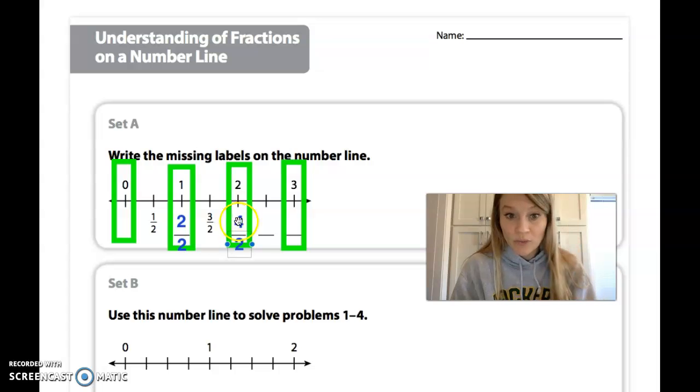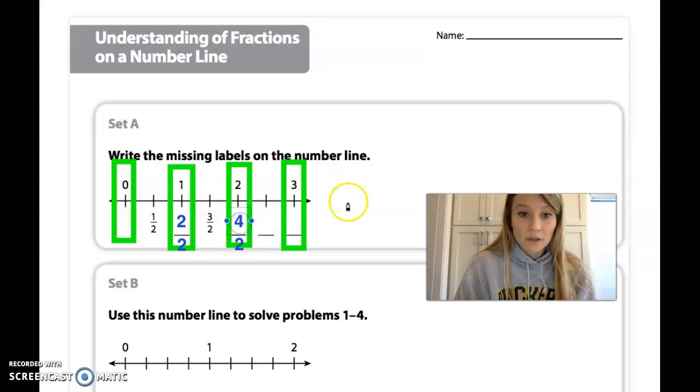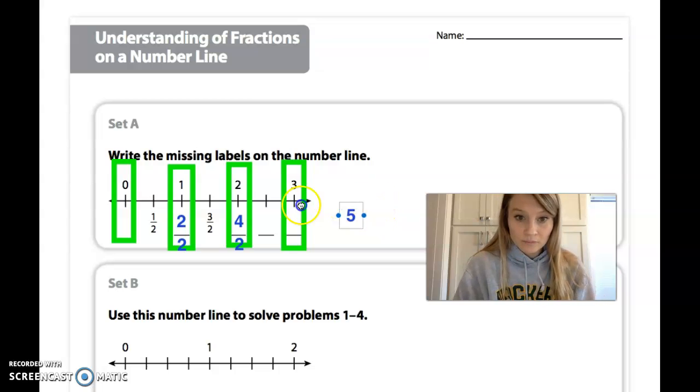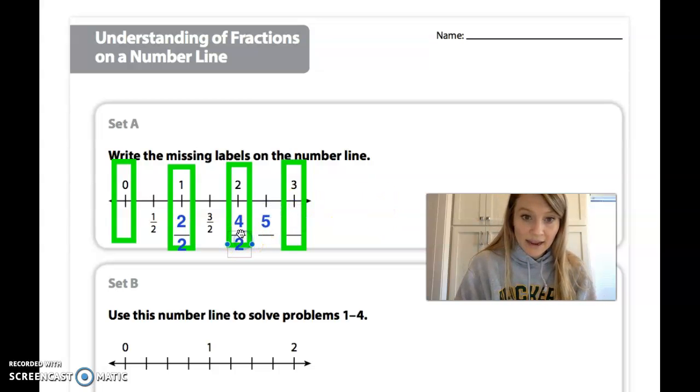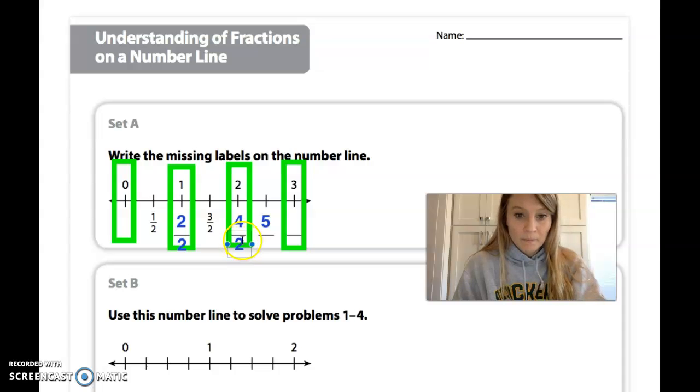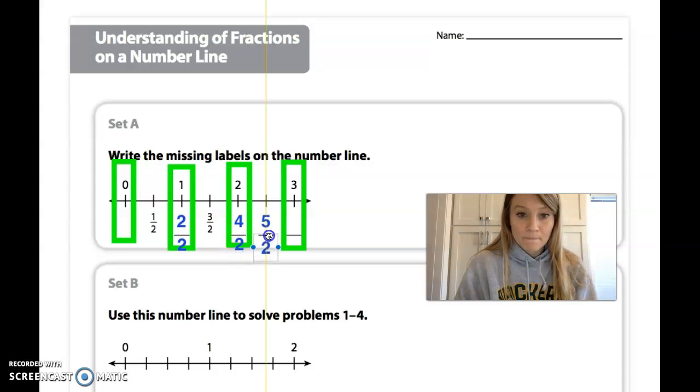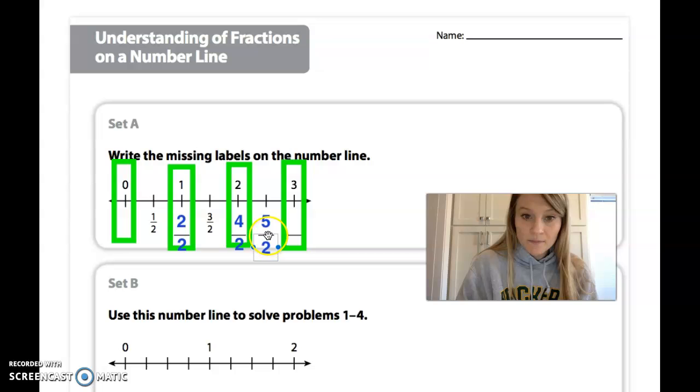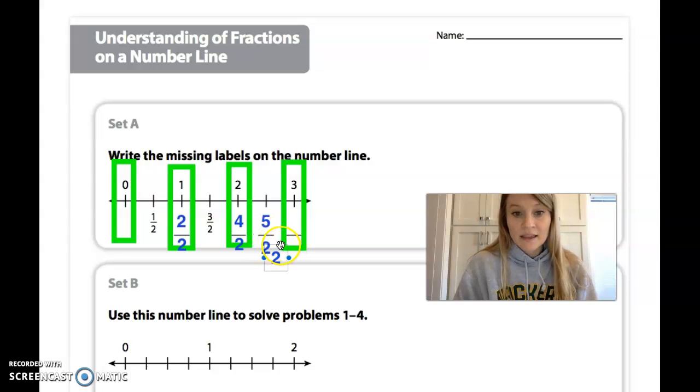4 divided by 2 equals 2. What would be here? 5 halves. Gotta get my halves. And then this would be, how many halves? 6 halves.